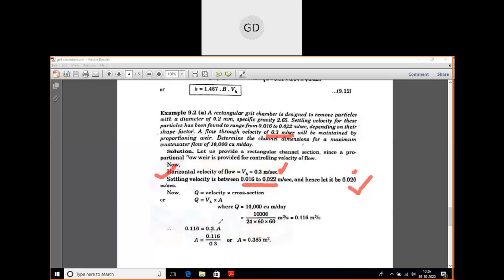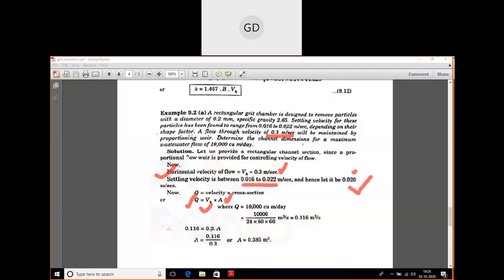We know the formula to find the area: Q equals A V. Here V is the horizontal velocity, because in the question it is mentioned that the flow is moving horizontally with velocity 0.3. So you write V as Vh, into A. A we need to find out, so we need the Q value also.